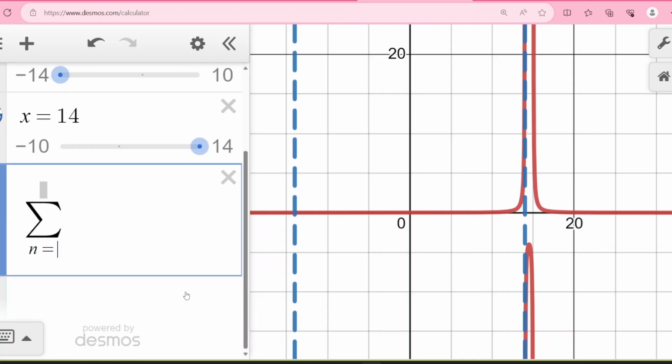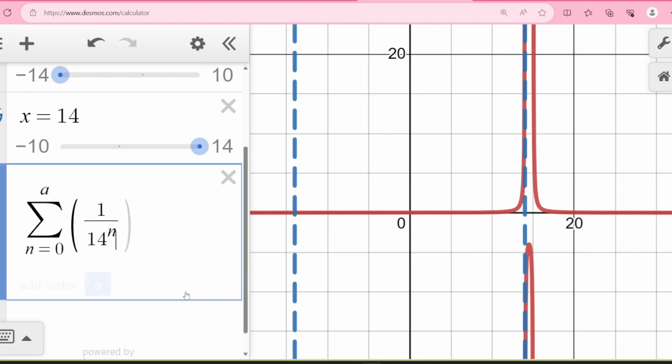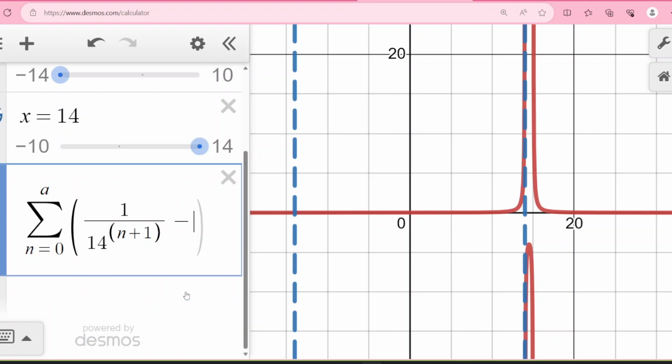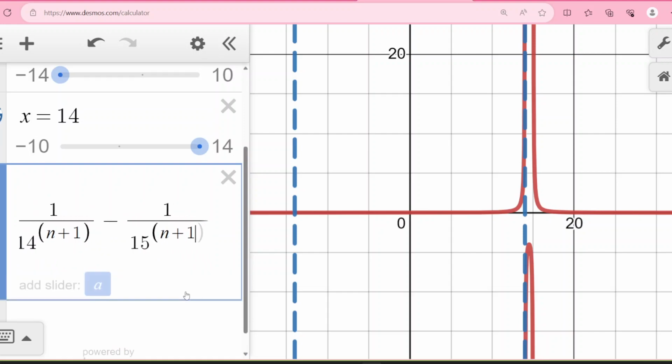Here was our sum. We had the sum from n equals 0 to a, like I did in the last video, of 1 over 14 to the n plus 1 power, make sure that's all in the power, then minus 1 over 15 to the n plus 1 power, and all that times x to the nth.